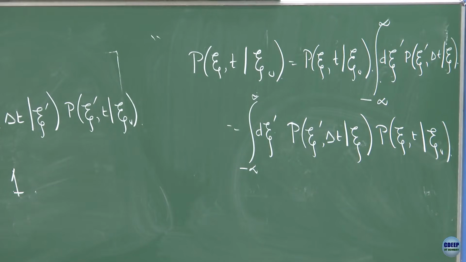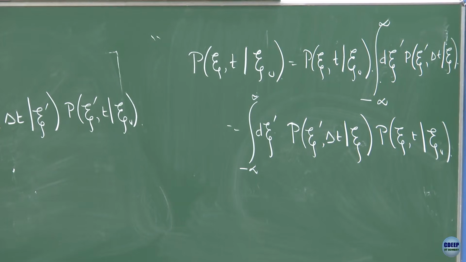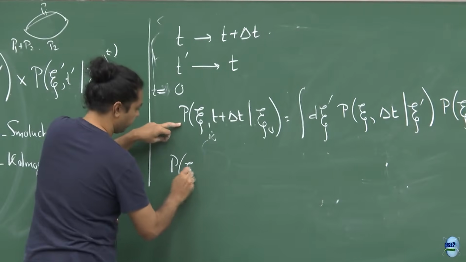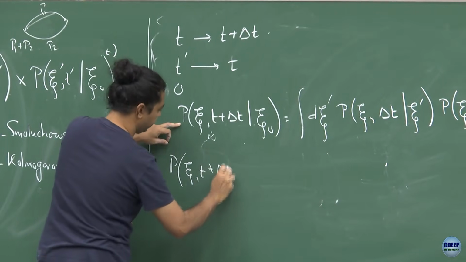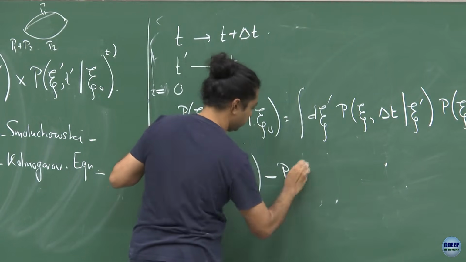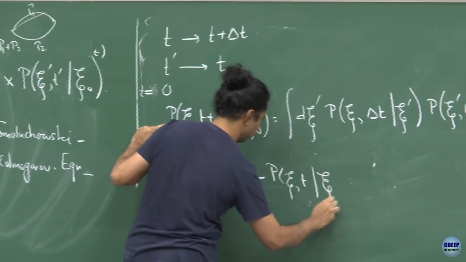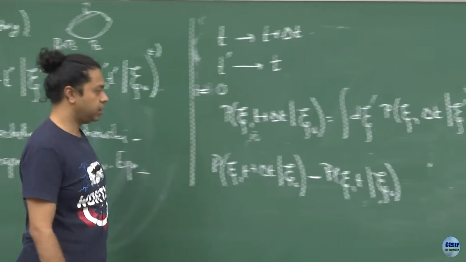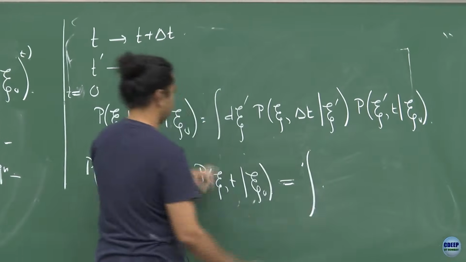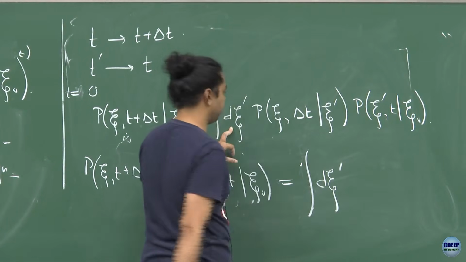Okay. So, now what I will do is that I will subtract. So, I have p of xi at t plus delta t given xi naught minus p of that thing, xi comma t given xi naught, is equal to, both integrals are over d xi prime.